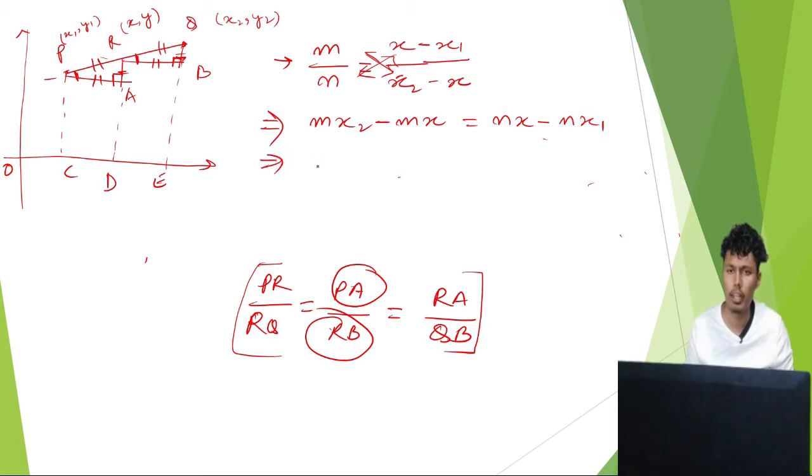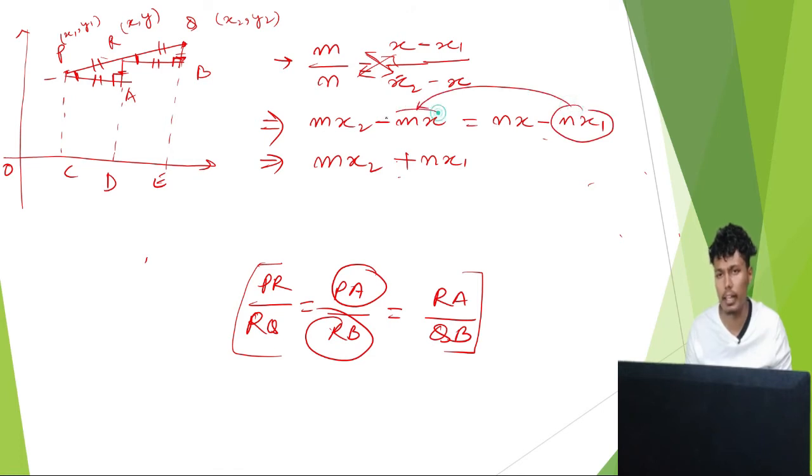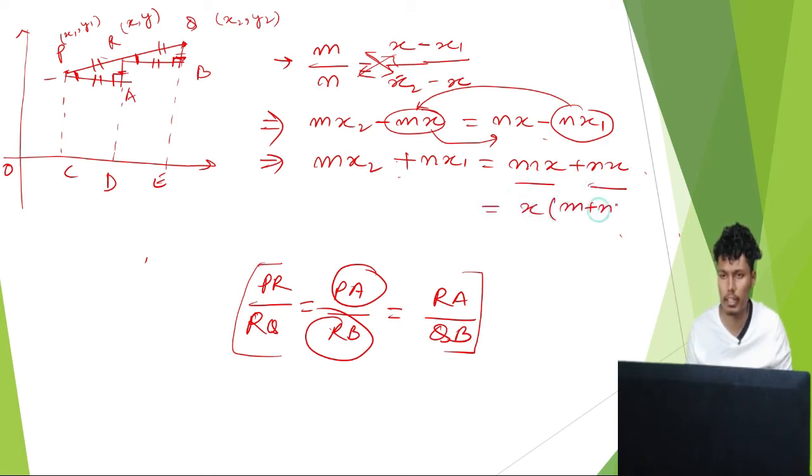So MX2 plus NX1, taking NX1 this side and MX this side, equals MX plus NX. Take X common, so it will be M plus N. Write down this side as it is, MX2 plus NX1.